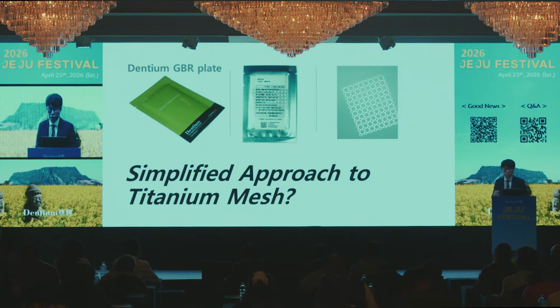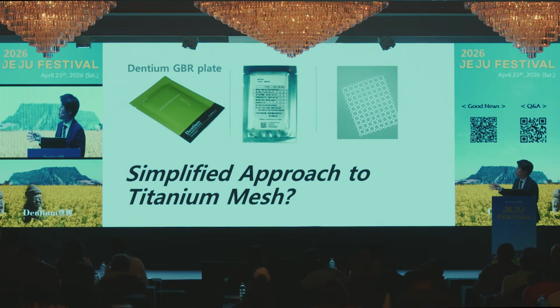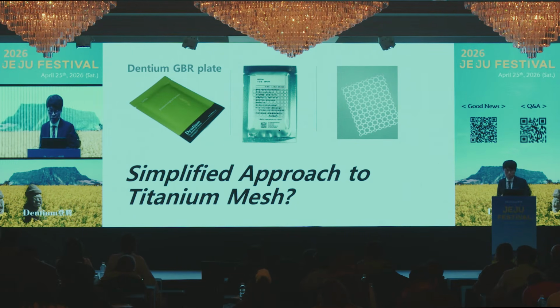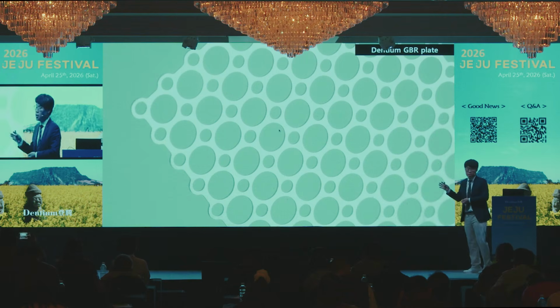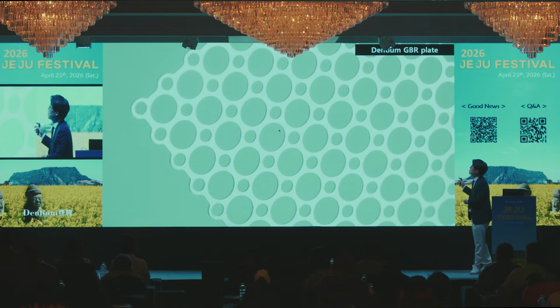So the question is, can you make the titanium mesh easier to apply, to use? For me, the answer comes from the Dentium GBR plate. So today I will tell you how we can simplify the procedure using this system. This is Dentium GBR plate.